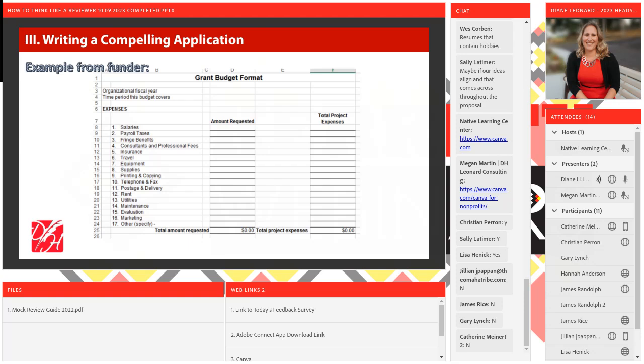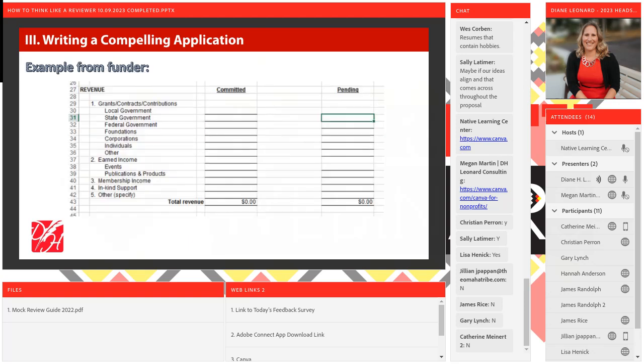So it does not matter what form we are using. In this example on the screen, we've got a grantmaker form that's asking for total cost and amount requested. That same grantmaker wanted to know about revenue, what's committed, what's pending. Maybe you were handed this form and it was completely filled out. Wow, that's fantastic. Maybe you had to fill it out yourself.